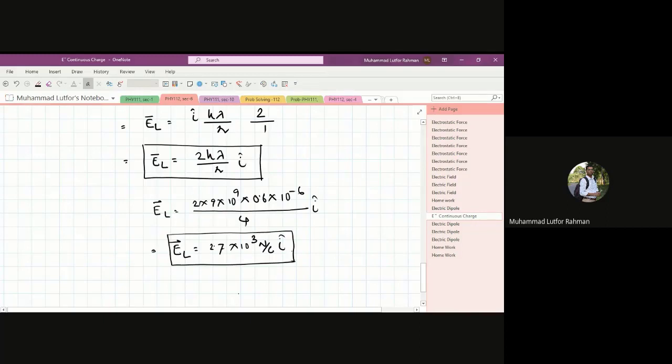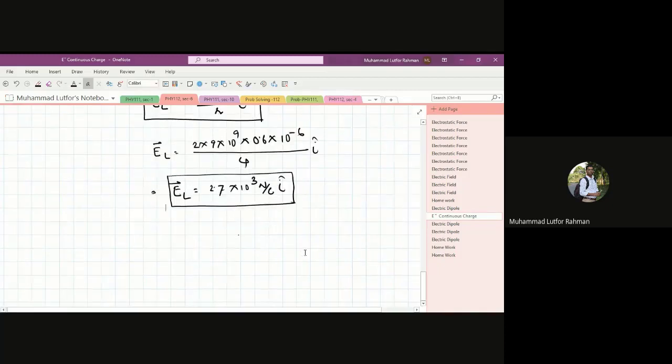Fine. Now I have to find out the electric field for the point charge. For the point charge, we'll write the electric field by this equation. Electric field for the point charge, K Q over R square into R hat, right?